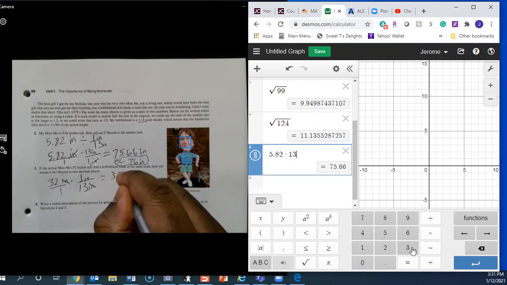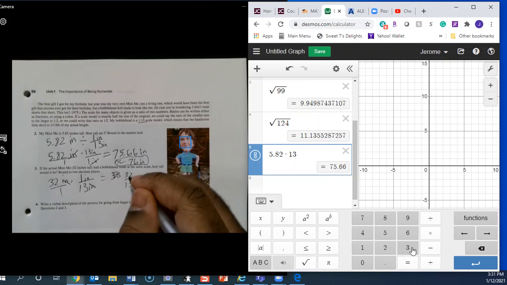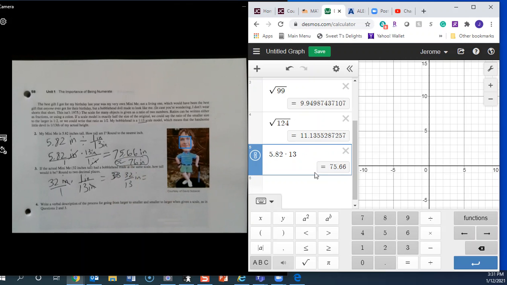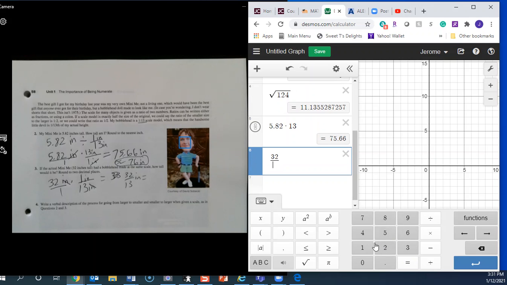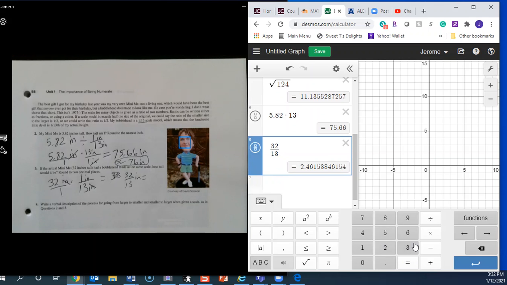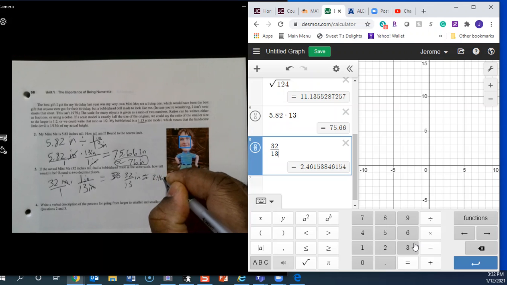So this would give us 32 over 13 inches. We'll put that in our calculator, and that'll give us 2.46. Now they tell us to round to 2 decimal places. So that's why we would add 2.46 inches.